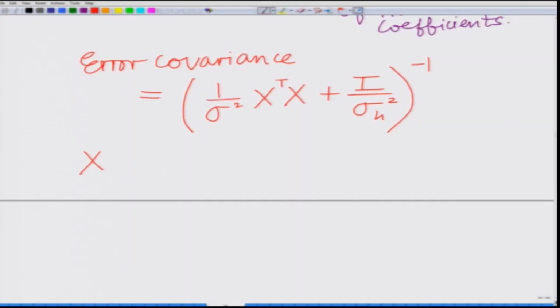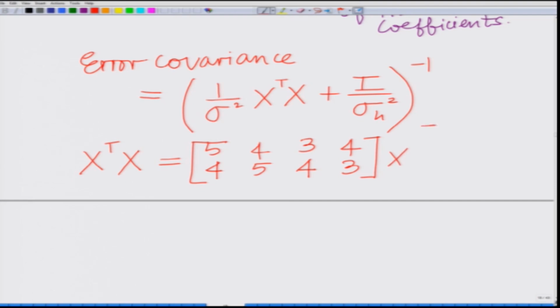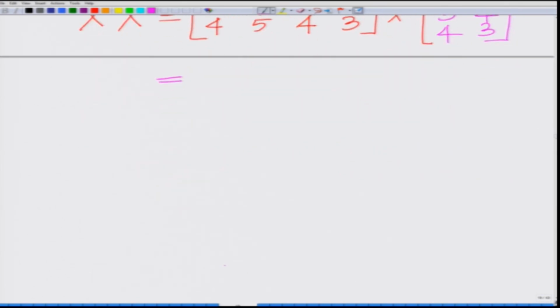So, x transpose x, which is the transpose of the matrix x times itself. Remember, it is an m cross m matrix, a 2 cross 2 matrix, which is 5 4 4 5 3 4 4 3 times x, which is the pilot matrix, once again 5 4 4 5 3 4 4 3, which is equal to 66 64 64 66.